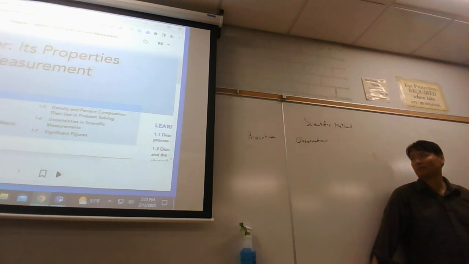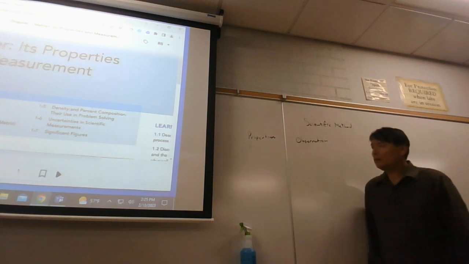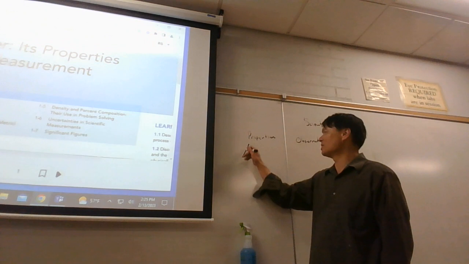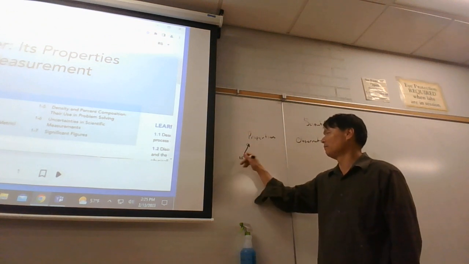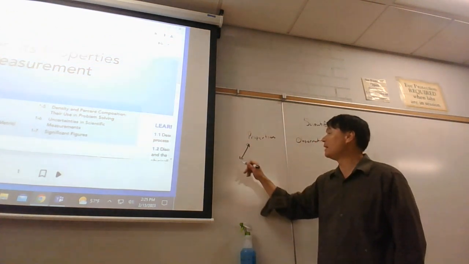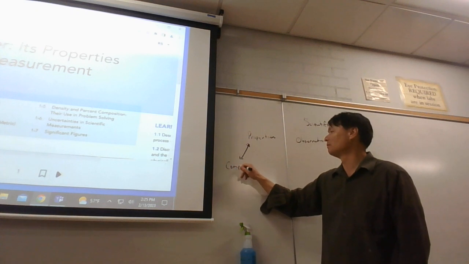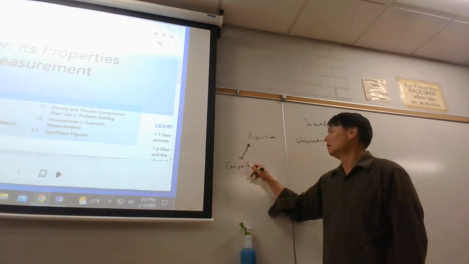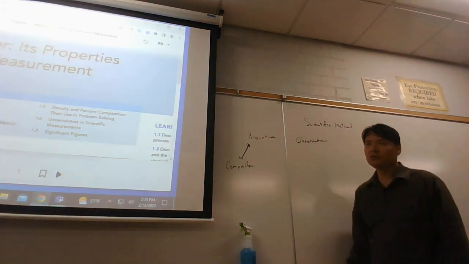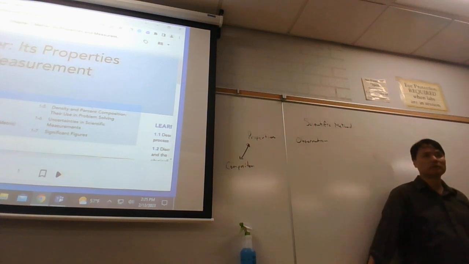So, to understand the properties, we want to understand what it's made of, the composition. And so gold's made up of protons, neutrons, and electrons. Silver is made up of protons, neutrons, and electrons. And so why the difference in properties?